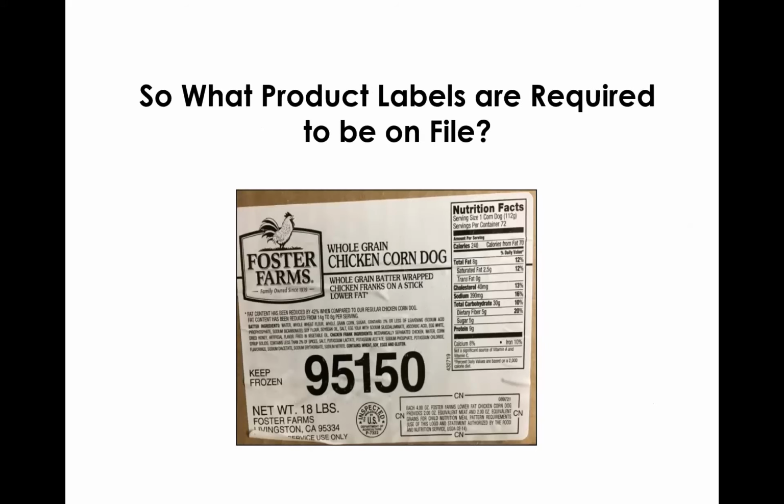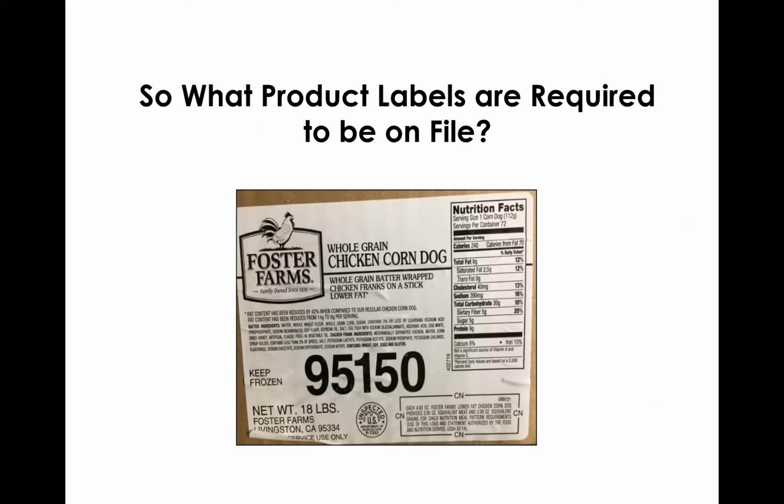So let's talk about what you need to retain on site. What product labels are required to be on file? This is an example on the slide of what I would say is an almost perfect label, because it contains nutrition facts.